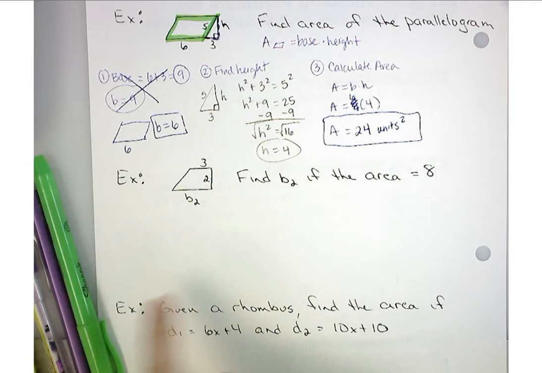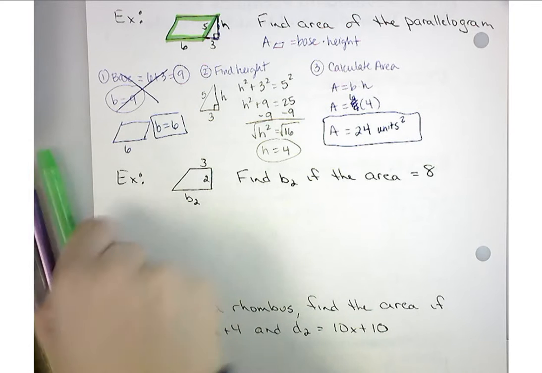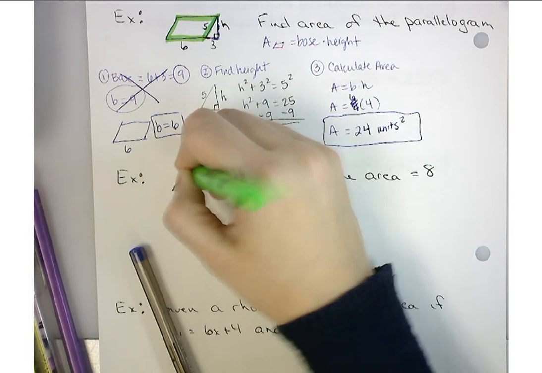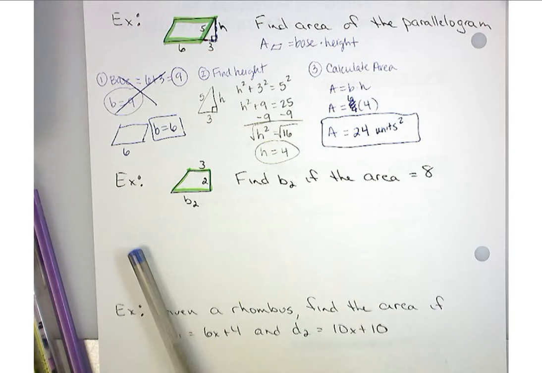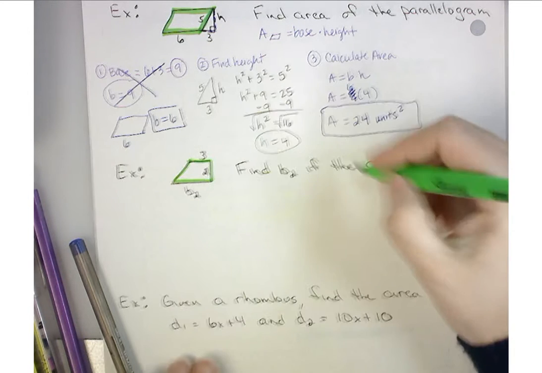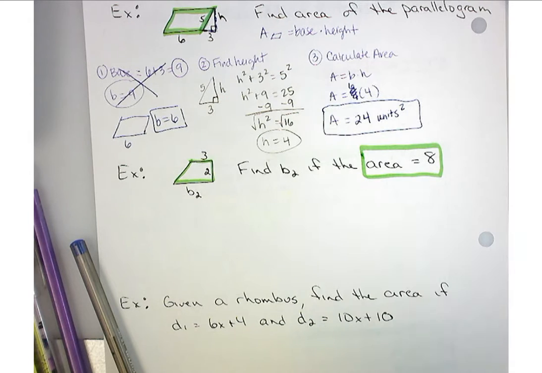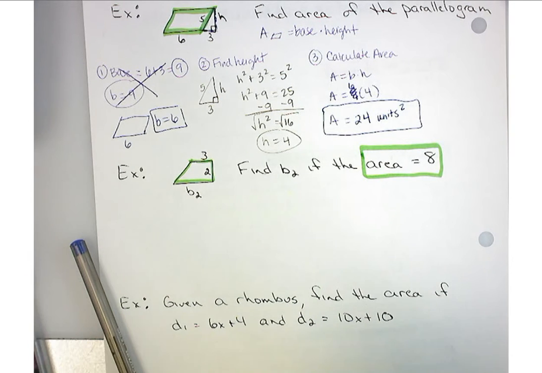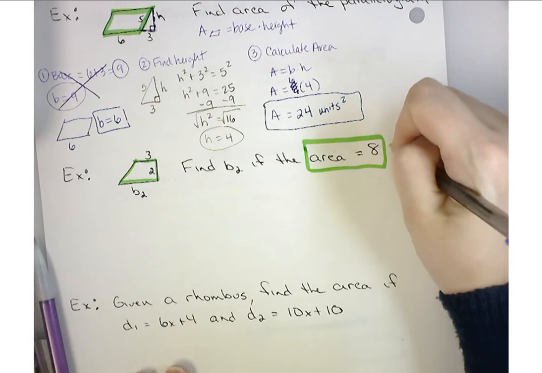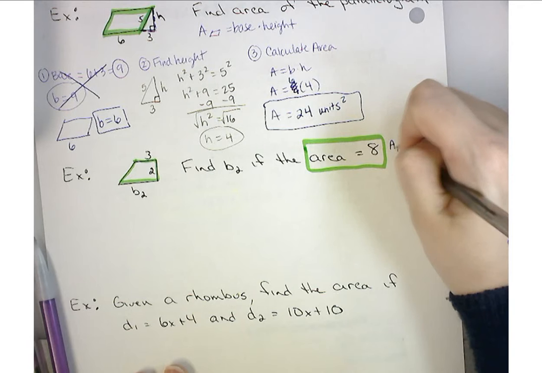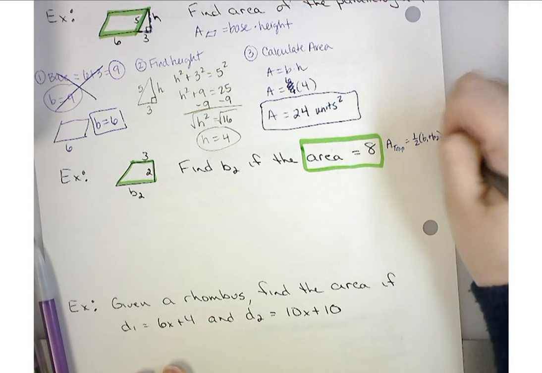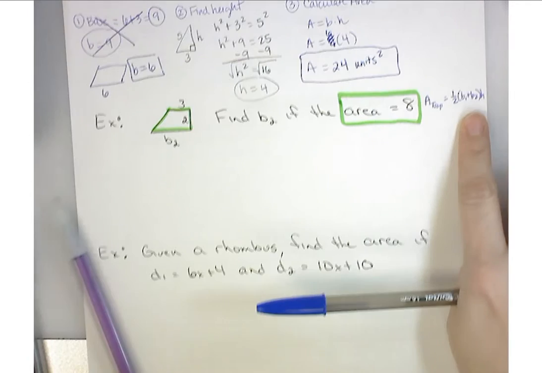All right, and then for number 2, what kind of shape is this? Yeah. Okay, so we have to find b sub 2 if the area is equal to 8. So remember that the area of a trapezoid is going to be 1/2 b1 plus b2 times your height h.